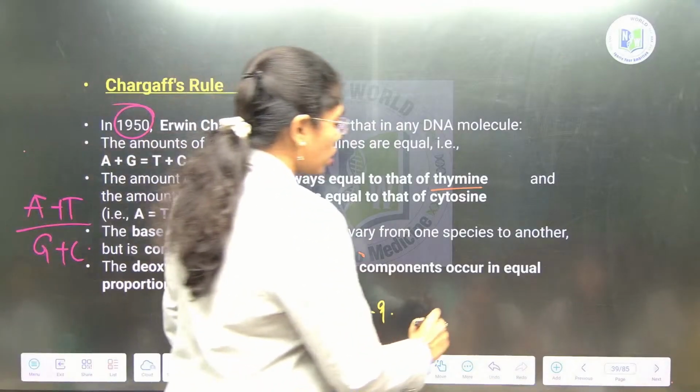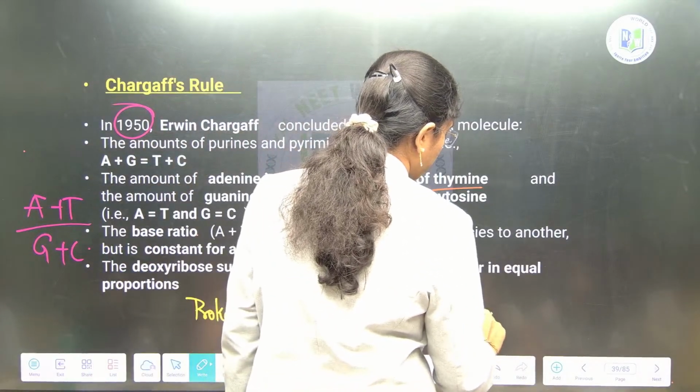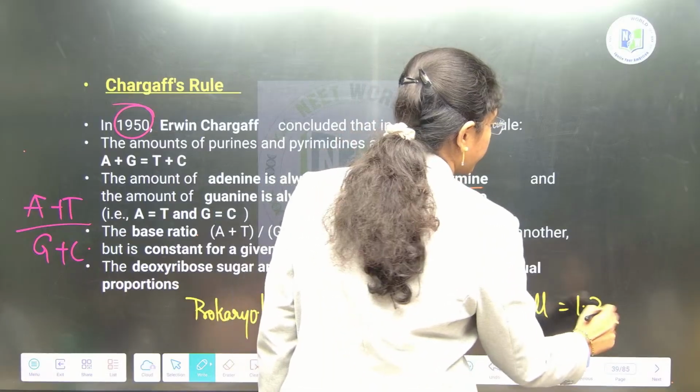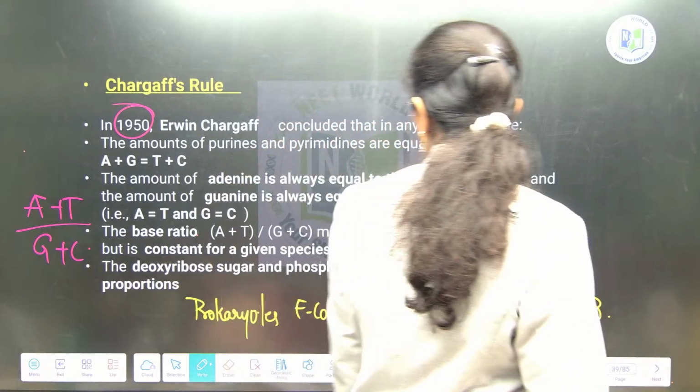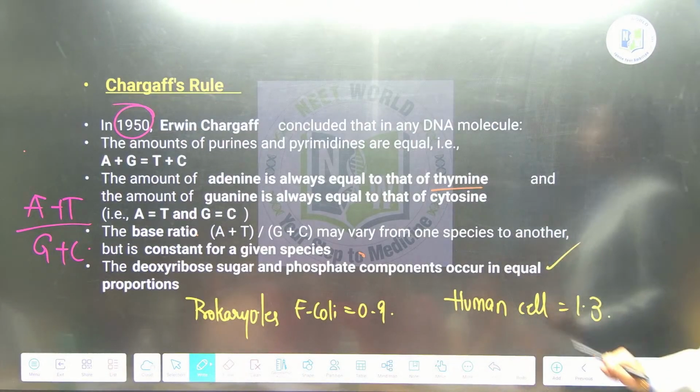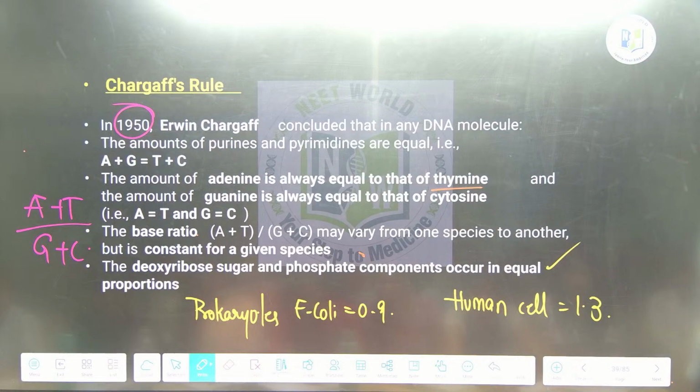In eukaryotes, like if you consider human cell, it is 1.3. The deoxyribose sugar and phosphate components will also occur in equal proportions. These are the points that are derived from double helical model of DNA by Erwin Chargaff.